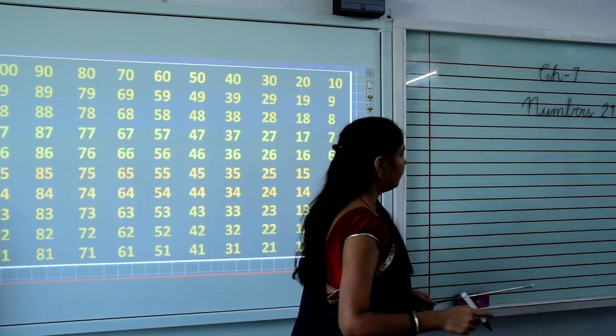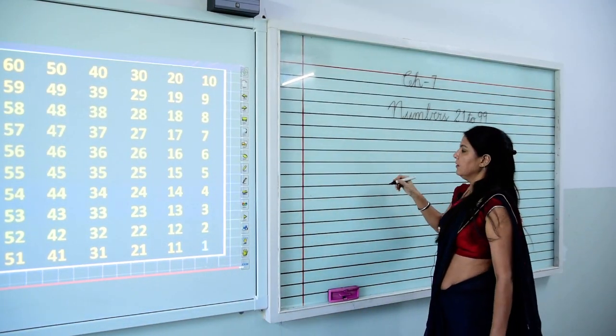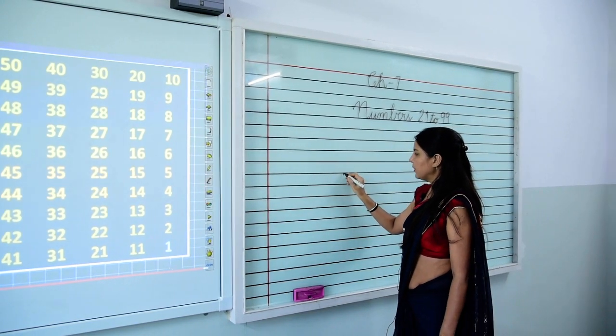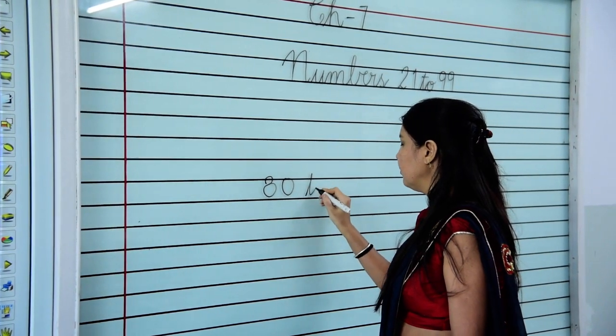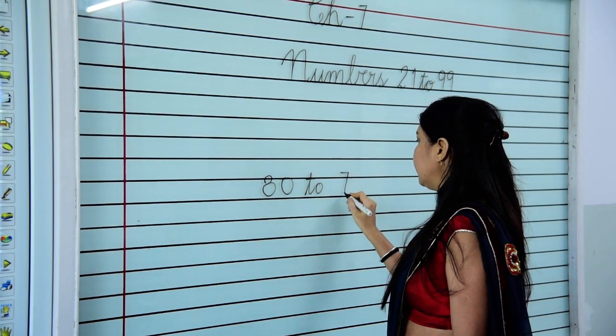Now let's take one more example of this. Suppose we are going to write backward counting from 80 to 71.